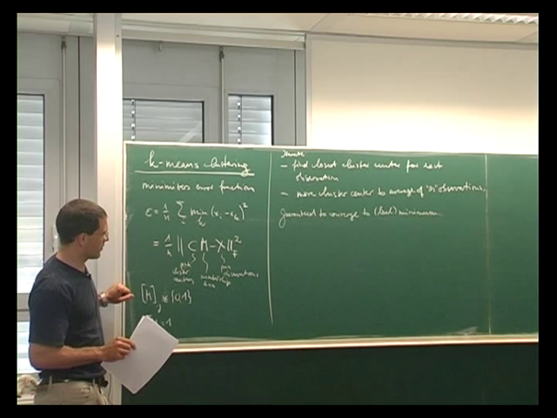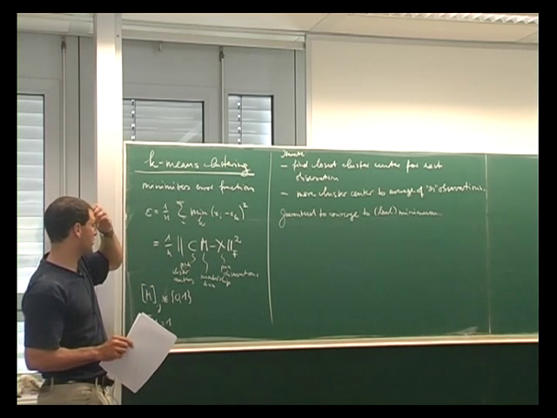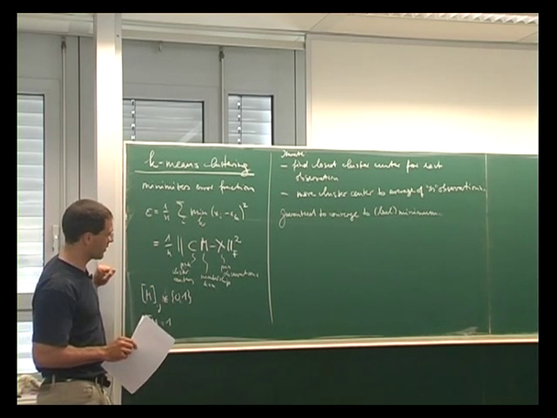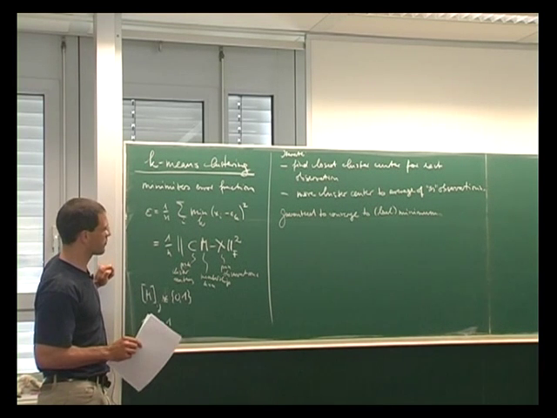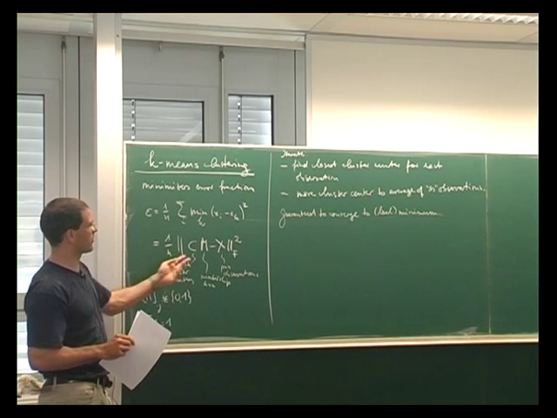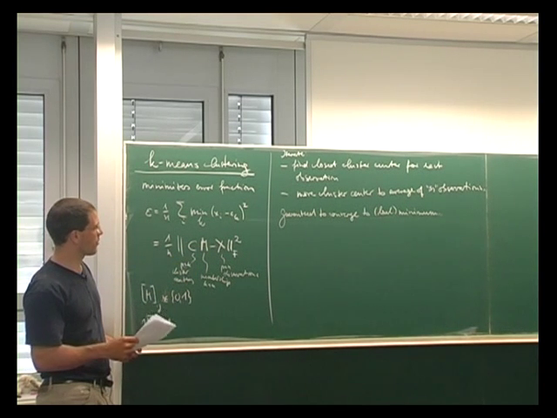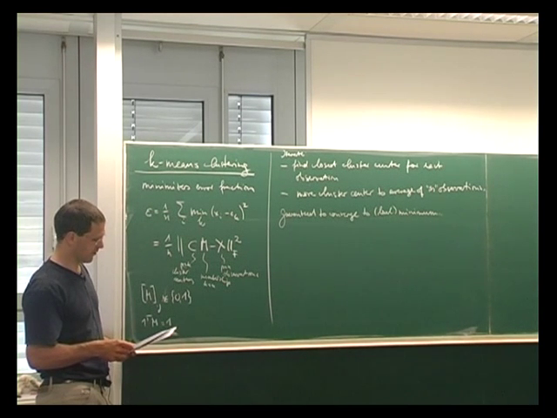So you can look at this as a way of compressing your data, or of reducing the dimensionality of your data with this additional constraint that each point is explained by just a single cluster center.